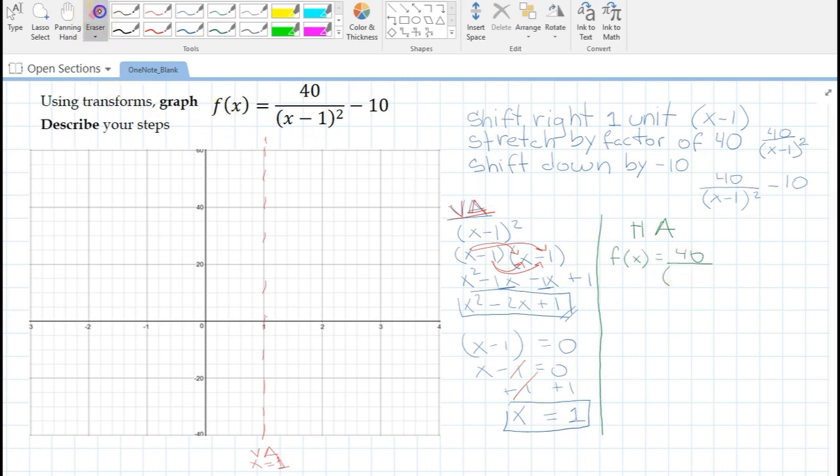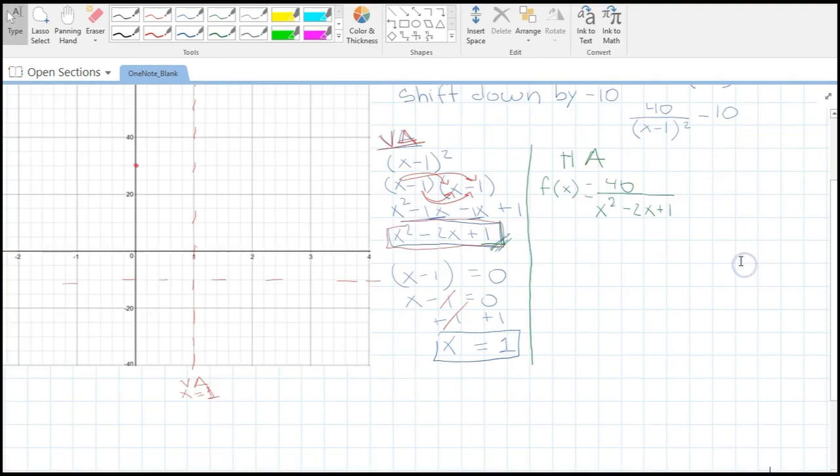Okay, that's what I was talking about before. Right now I need to use this already solved, factoring this trinomial to x minus 1 squared. So we're going to combine these two fractions.